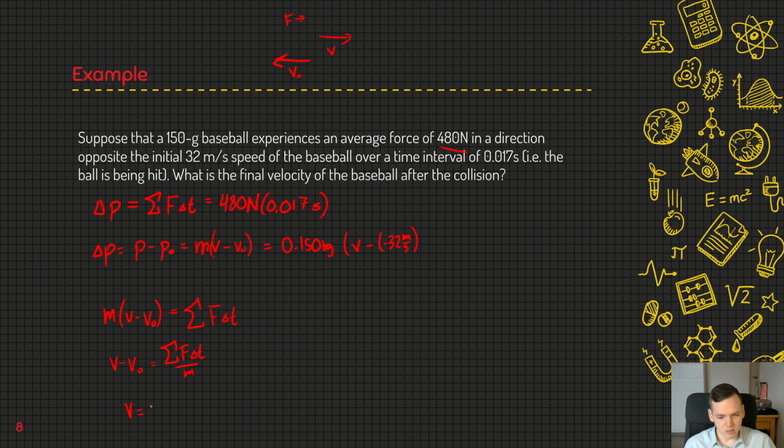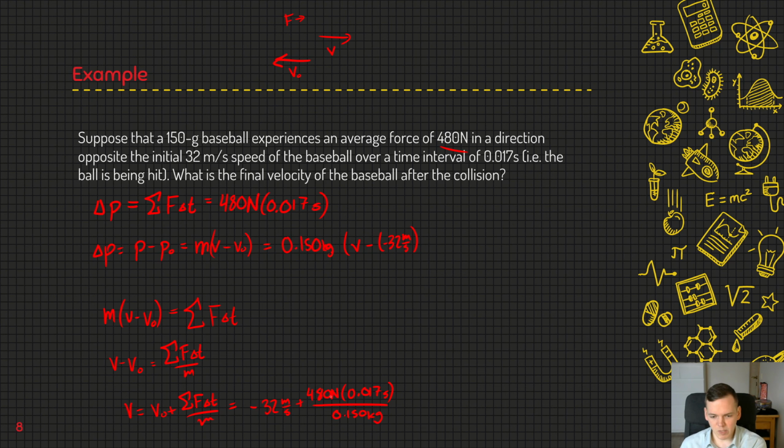So we're going to get v is equal to v naught plus net force delta t over m, which is negative 32 meters per second plus 480 newtons times delta t, which is 0.017 seconds, divided by the mass of the baseball, 0.150 kilograms.